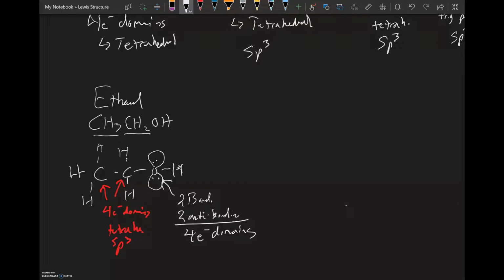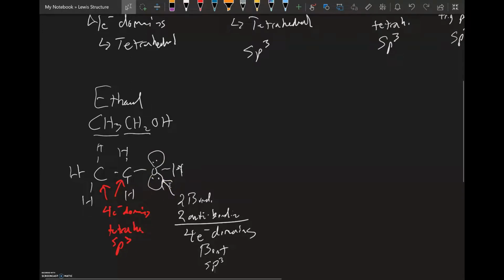This particular center represents a bent molecular geometry. Now, since it still has 4 electron domains, its hybridization is still sp3, so that doesn't change. But the geometry itself does change because of the way that it has 2 lone pairs and the 2 bonds.